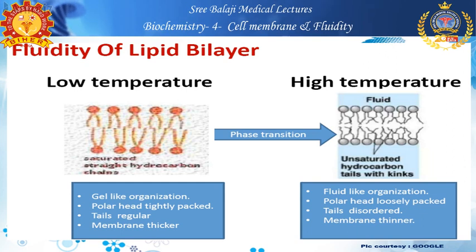If you see the plasma membrane at low temperature, a gel-like organization will be seen. The polar heads are tightly packed, the tails will be regular and the membrane will be thicker. When it is exposed to higher temperature, the lipid bilayer will have a fluid-like organization, the polar heads are loosely packed, the tails will be distorted and the membrane will be thinner.